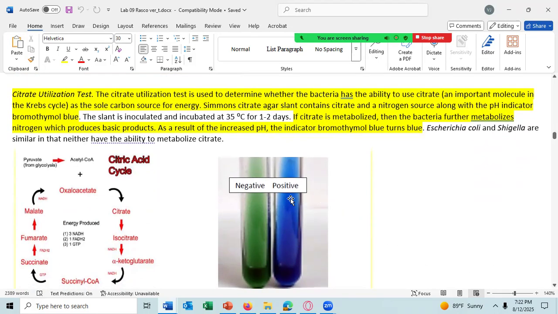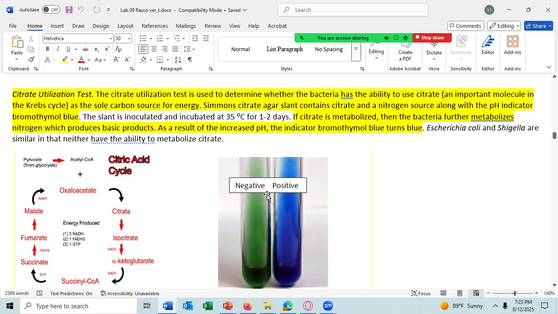If the bacteria can utilize citrate, the bacteria will grow and it will change the color of the media to blue as alkaline products are made, meaning it'll up the pH and turn blue. If the bacteria cannot utilize citrate, the bacteria will not grow and the tube will remain greenish in color.